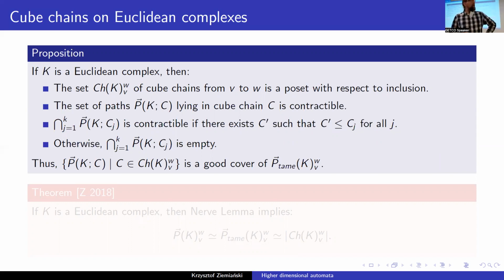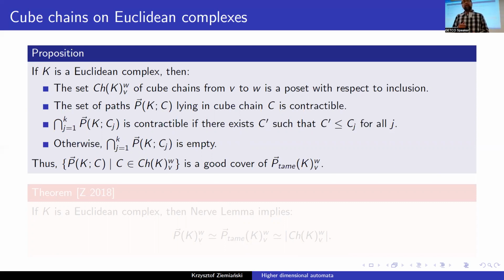In the special case when our precubical complex is Euclidean, the set of cube chains defines a cover of your space, and every element of this cover is contractible, because the space of all paths traveling through your cube chain is contractible.